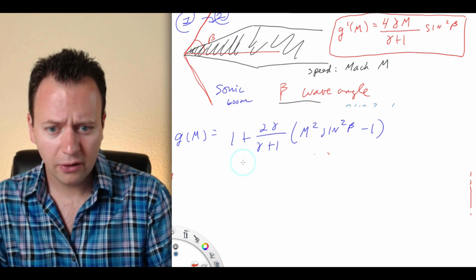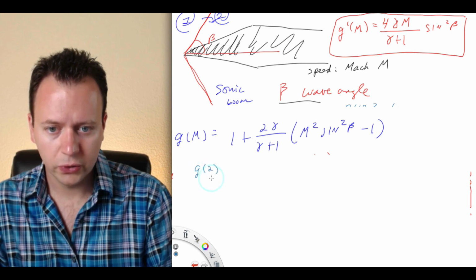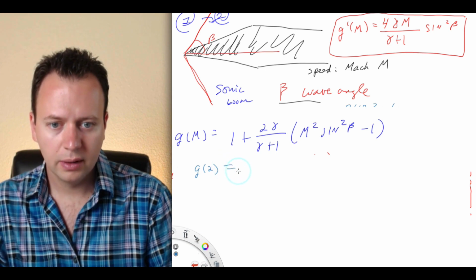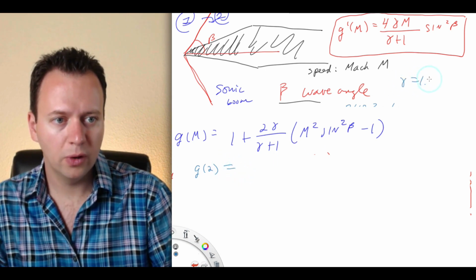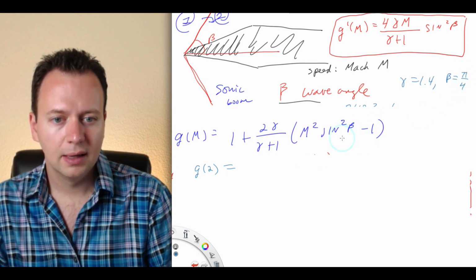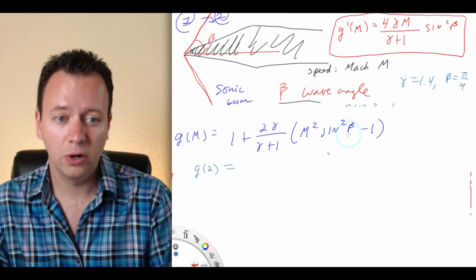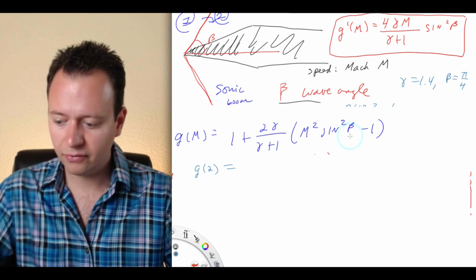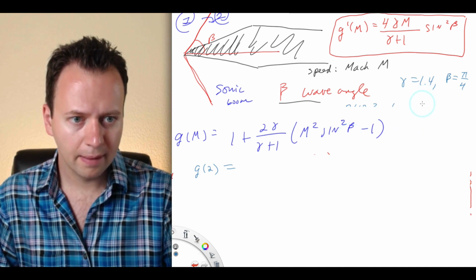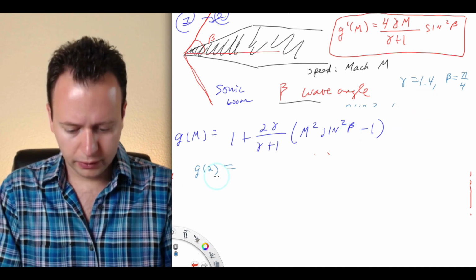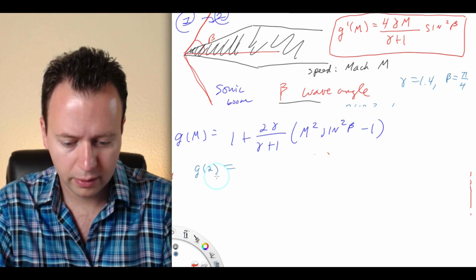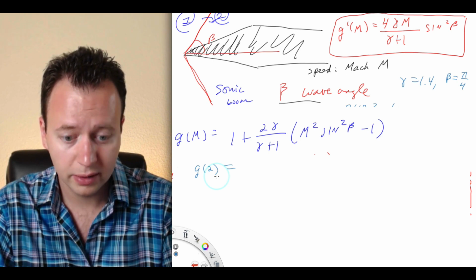So next, let's calculate g of 2. So g of 2, if gamma is 1.4 and beta is 45 degrees or pi over 4 radians, so sine of beta is 1 over square root of 2, sine squared of beta is 1/2. And the Mach number is 2, right? Because we're doing g of 2. So g of 2 is going to be 4 times 1/2 minus 1 is 1.